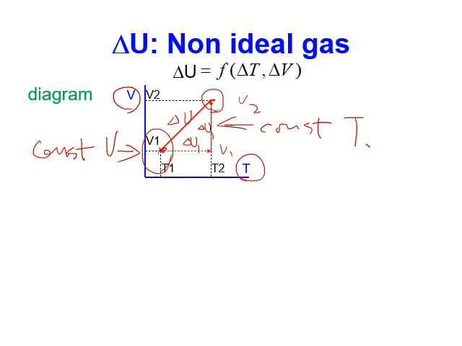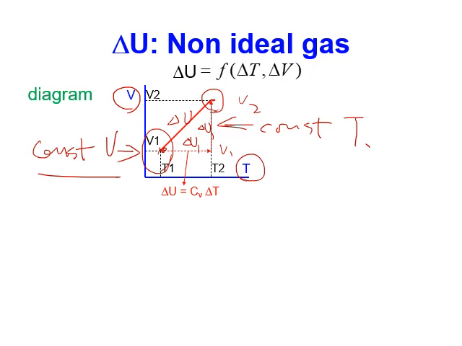All right, so how do we calculate delta U1, the first step, which is at constant volume? Well, we are familiar with constant volume, because work is zero, so delta U is heat, which is CV delta T. So the first step, we can easily calculate, even if it's non-ideal gas.